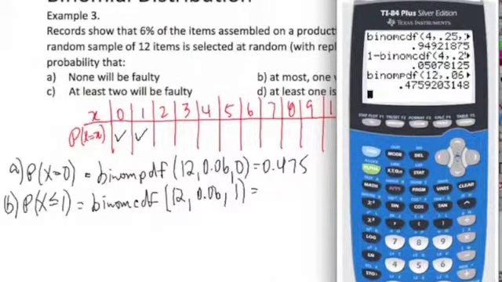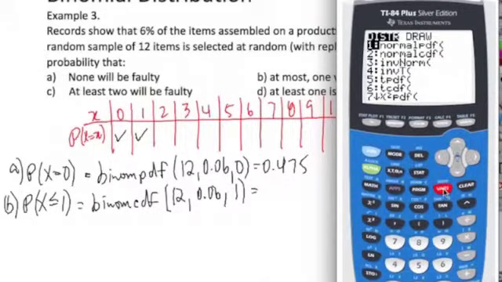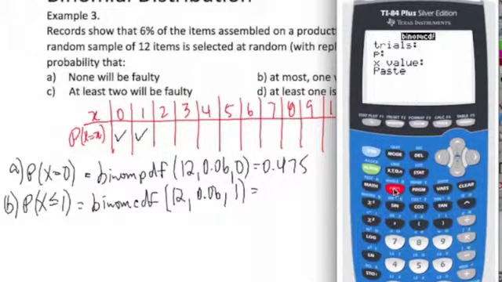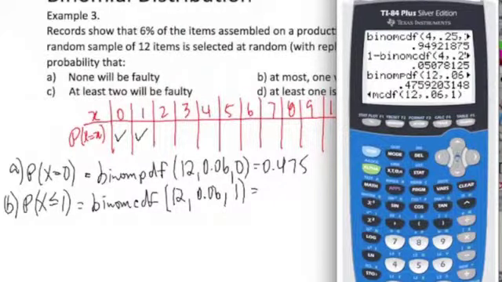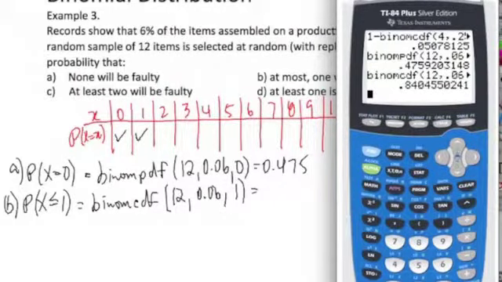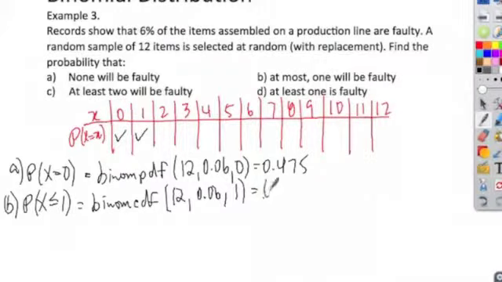So our calculator entry will look like this. We'll go second, vars. I think we can go alpha B. No. And we can go 12, 0.06, 1, enter, and then that probability is, to 3 significant figures, 0.841.